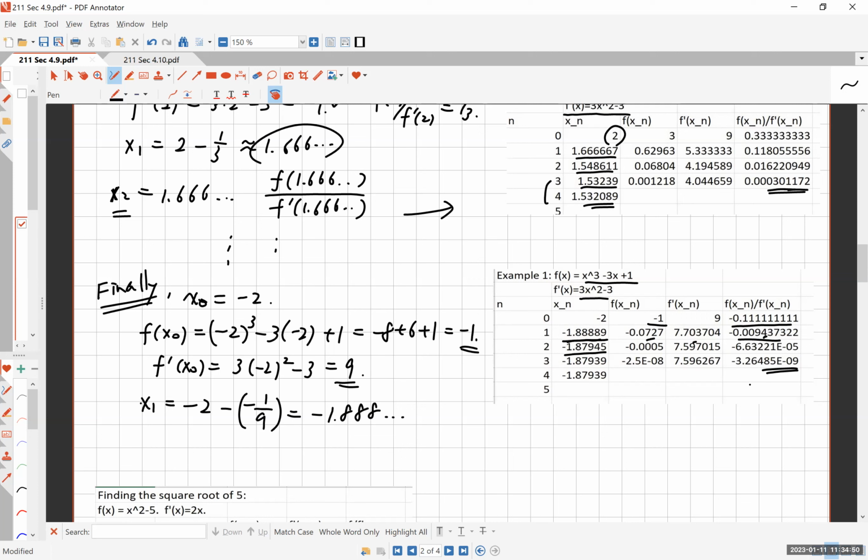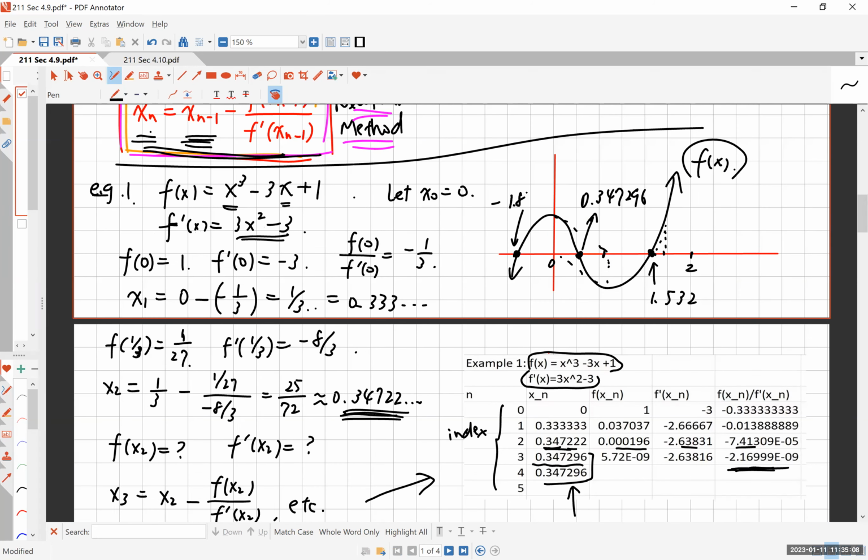It's really small, so the numbers don't change very much after the third or fourth iteration. And so the answer is approximately -1.879. So you can find all of these zeros using Newton's method.